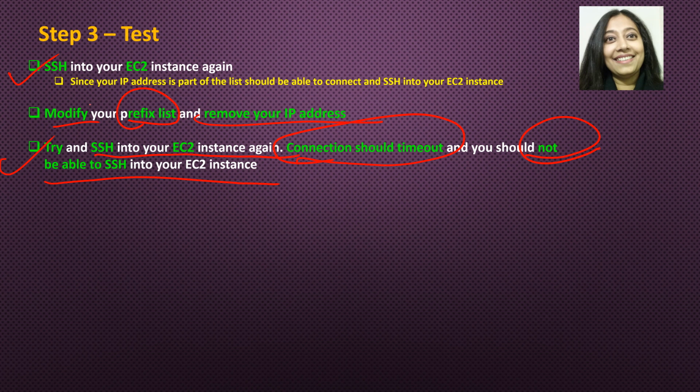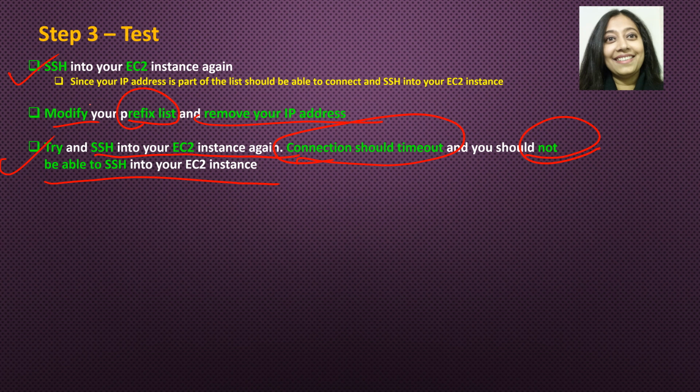Now, right now for this particular lab, I only had one security group. Of course, you can have multiple security groups, or you could have one security group being used by multiple EC2 instances, right? But whatever the case may be, you have one single location where you are managing all the IP addresses that are allowed to perform a specific activity.